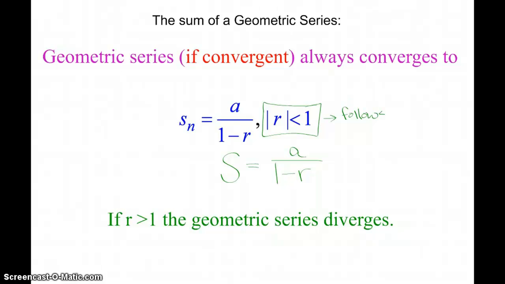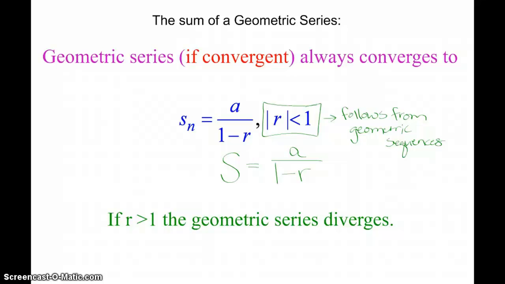It's exactly the same. It follows from our geometric sequences. It turns out that what we learned for a geometric sequence to converge is the same thing that we need for a geometric series to converge.